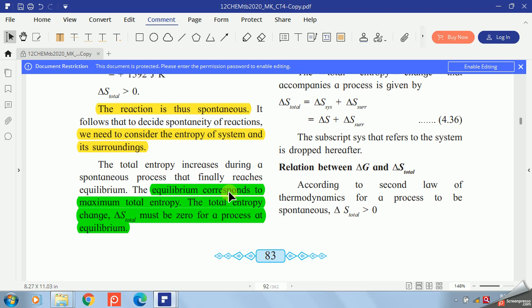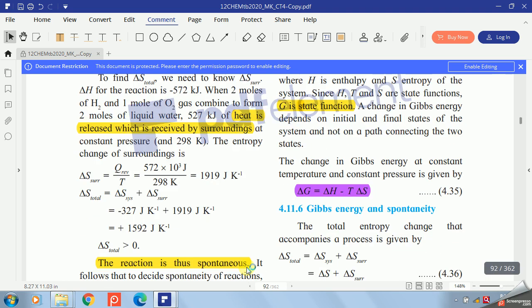At equilibrium there is a maximum total entropy, and the total entropy change must be 0 if your process is at equilibrium. So if delta S total is greater than 0, then your reaction is spontaneous. If it is equal to 0, then the reaction is at equilibrium. If it is less than 0, then the reaction is non-spontaneous.